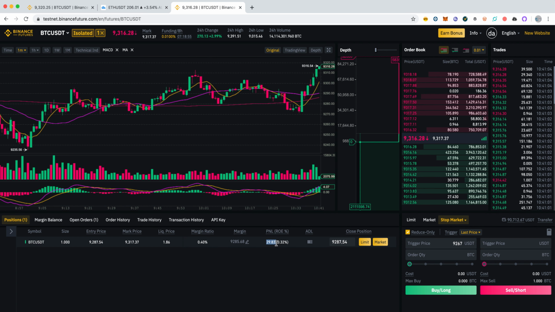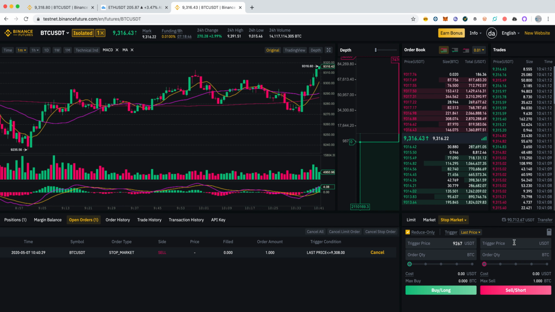Already $29 on a testnet, so very fake dollars. Okay, let's move the stop loss price higher again.